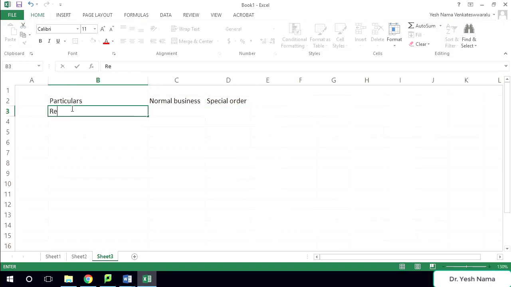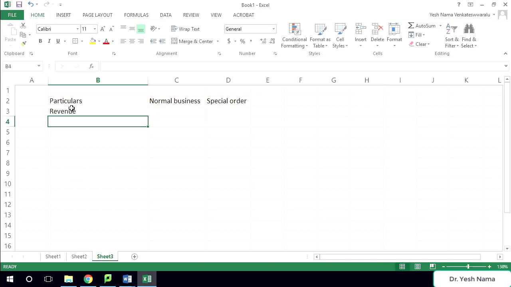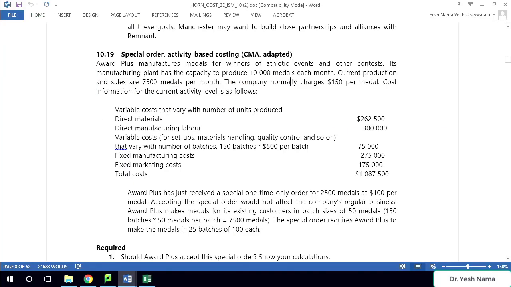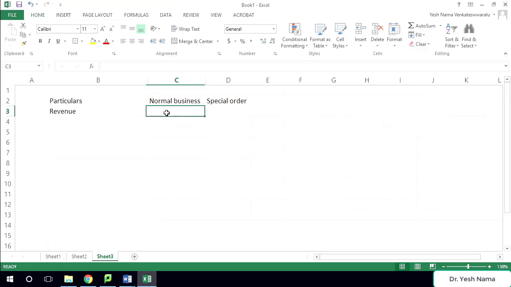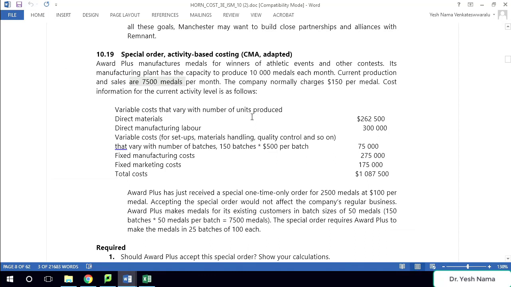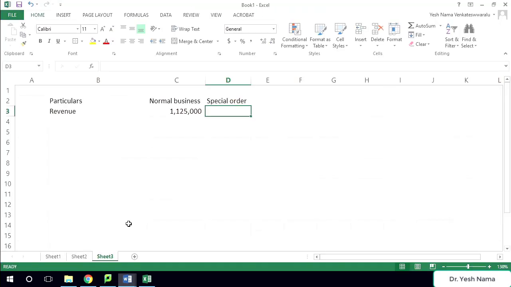Revenue. The company normally charges 150 per medal and it's currently producing 7,500 medals per month. So, 7,500 times 150, right? Special order, how many units? One time only special order for 2,500 medals at 100 per medal. 2,500 times 100.